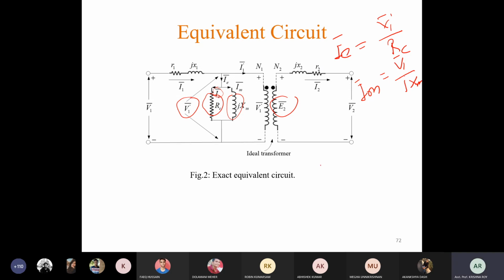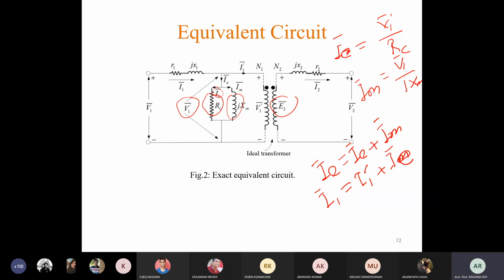Sorry, this component is IC. IE is equal to IC plus IM, and I1 is equal to I1 dash plus IE.